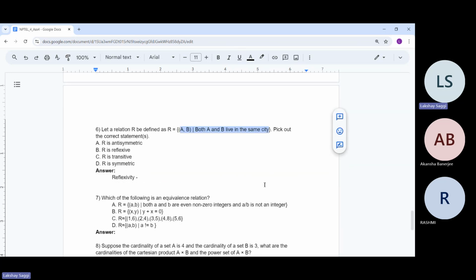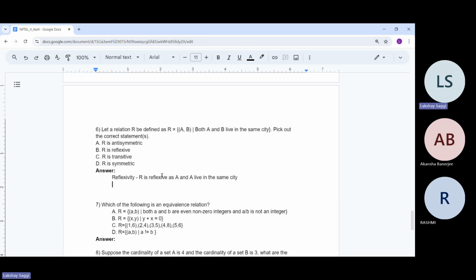And this is trivially true, right? A person and that person itself live in the same city. So R is reflexive, as A and A live in the same city.